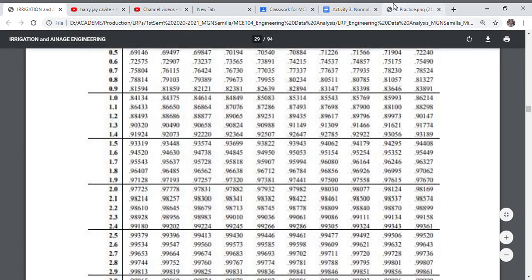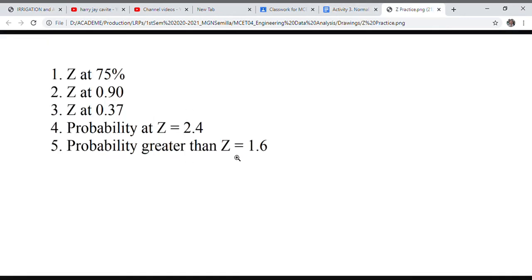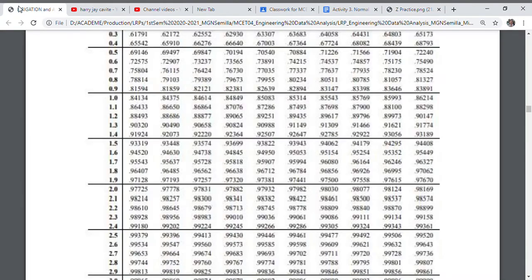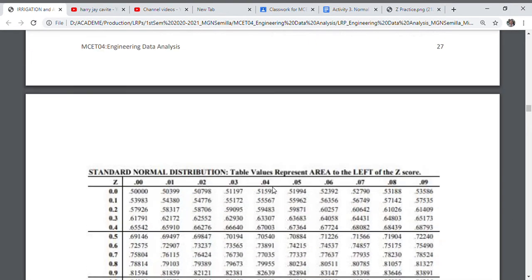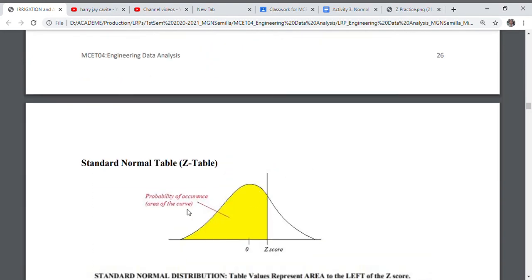And the next one is the probability greater than Z. Take note that we should get the probability of a score greater than Z of 1.6. We have all been reminded that our Z score represents the area to the left of the curve.